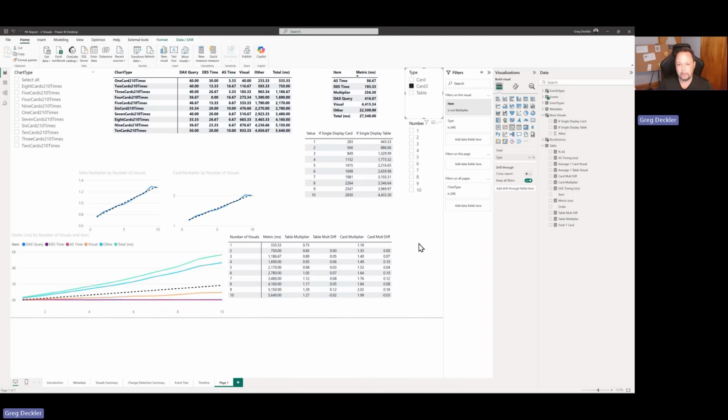Or does making the table bigger horizontally or vertically cause any performance differences, I guess you could say? So that's going to be that video, and I might do that same kind of video for some of the other individual visuals.